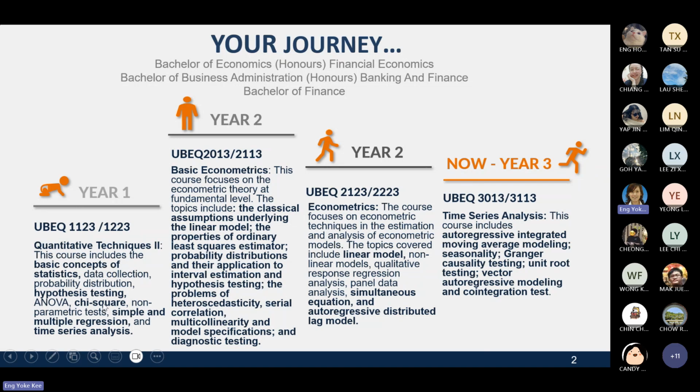From time to time, we might want to revisit the stuff that you have learned in your year one. And of course, in year two and year three, you take a subject on econometrics and basic econometrics that deals more with regression analysis. We are still using the skills that you learned there. But our primary focus will be on the type of data that we are using.